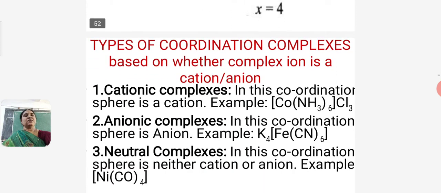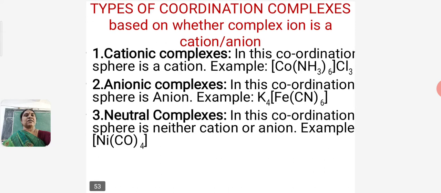Now let us see how coordination complexes are classified. They are classified in different ways based on various aspects. So now let us see how they are classified based on whether the complex ion is a cation or anion. Cationic complexes. As the name tells you, in a cationic complex, the coordination sphere has a positive charge.